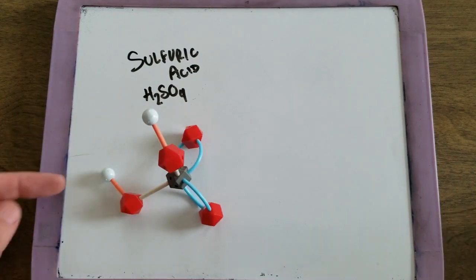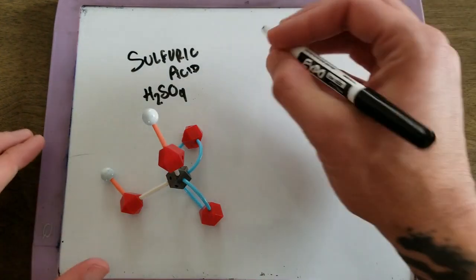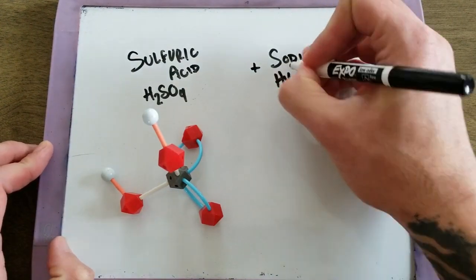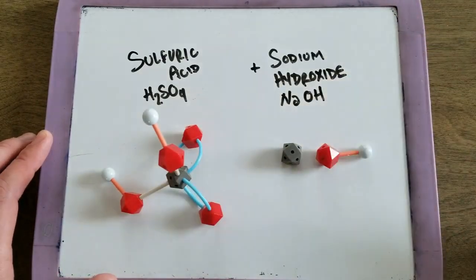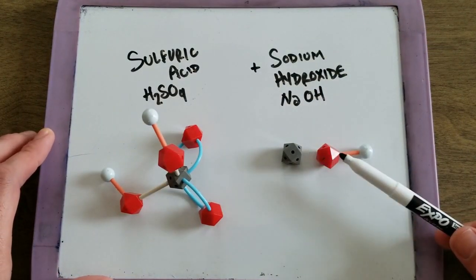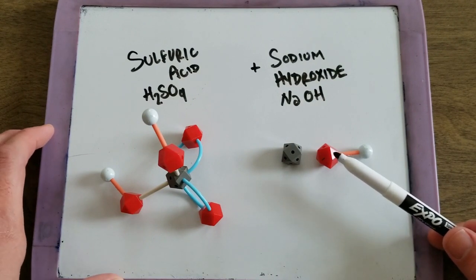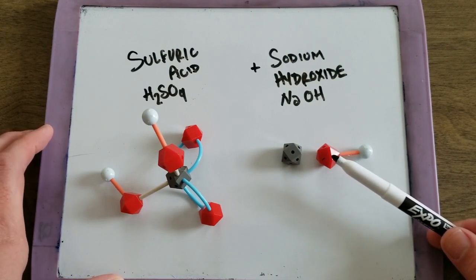So sulfuric acid has two hydrogens that it loses, whereas in simple titrations, the acid will only have one hydrogen that it loses. So when we react sulfuric acid with sodium hydroxide, which is NaOH, each hydroxide can only accept one hydrogen from an acid.